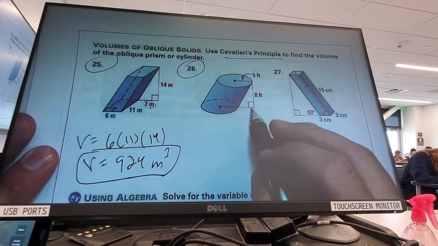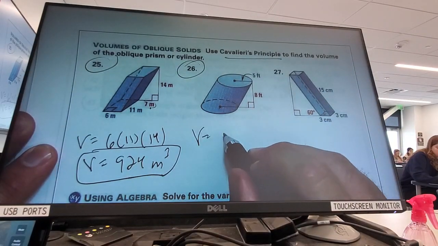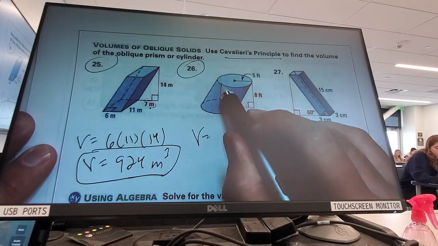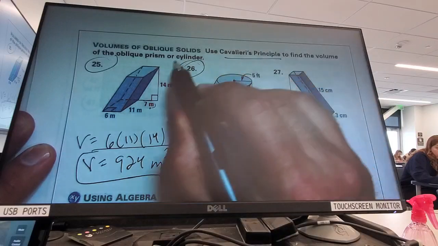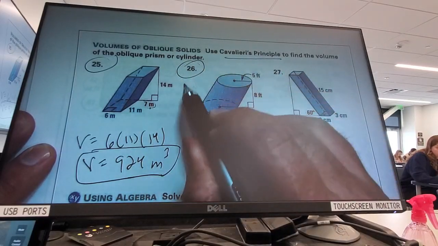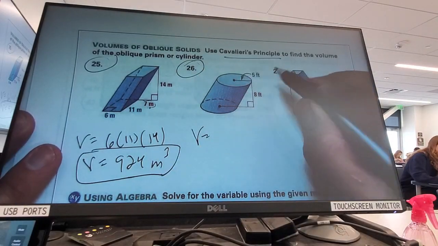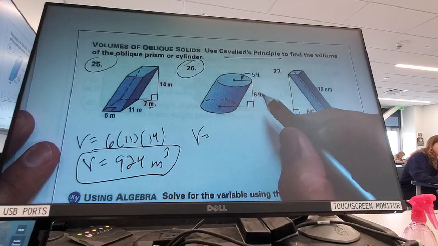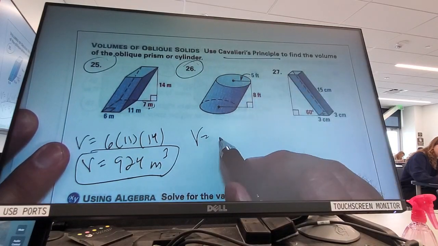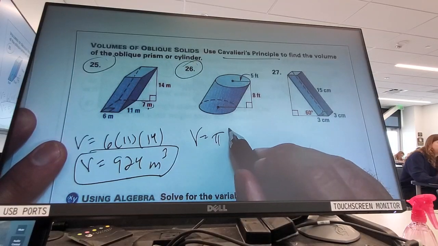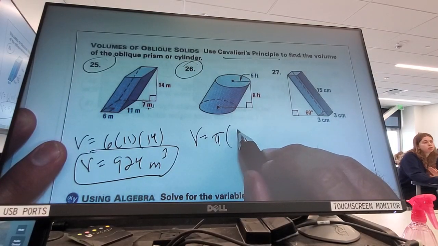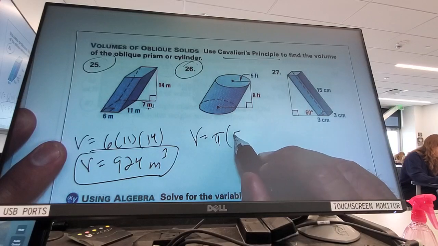And then of course this guy is just going to be the same thing. What do I find first? The area of the base. And the area of the base is going to be pi times 5 squared.